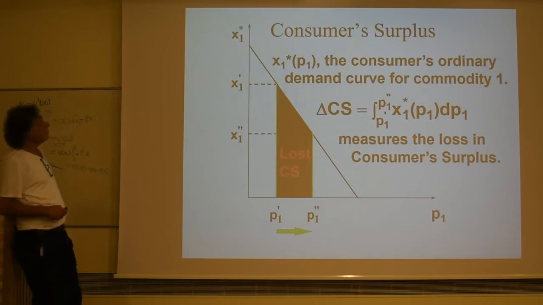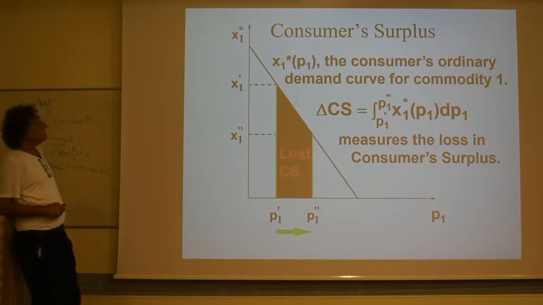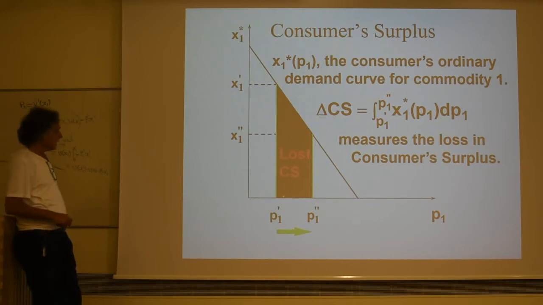So now suppose X1 star of P1 is the consumer's ordinary demand curve for commodity 1. The difference in consumer surplus, if I move from P1 prime to P1 double prime, is to take the area. Let's say I move from here to here, but remember, I do it now the opposite way.